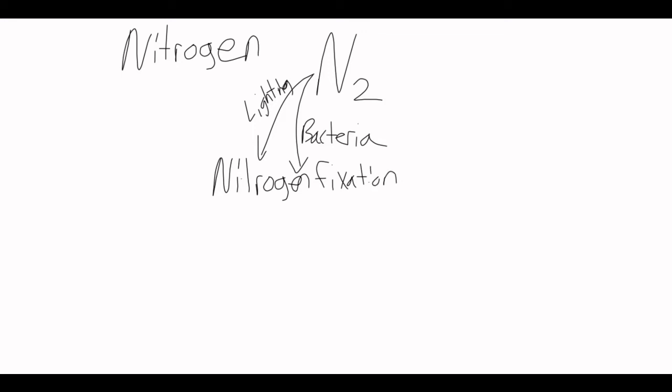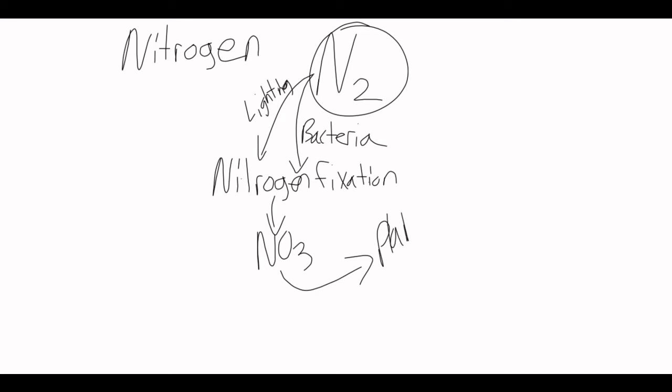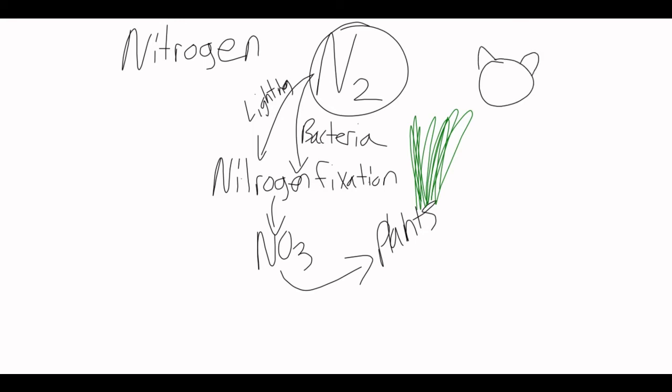Alright? Now, nitrogen fixation is where nitrogen, atmospheric nitrogen, becomes nitrates. Alright? So the nitrates are then used by plants. So the plants, they grow because they're using those nitrates, and then some kind of animal comes along, maybe like a moo cow.